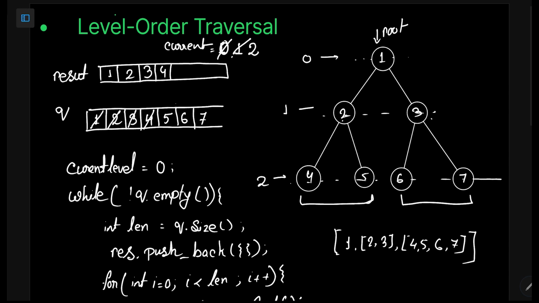Then 5 will be stored and popped out from the queue, and then 6 will be stored and popped out from the queue, and 7 will be stored and popped out from the queue.